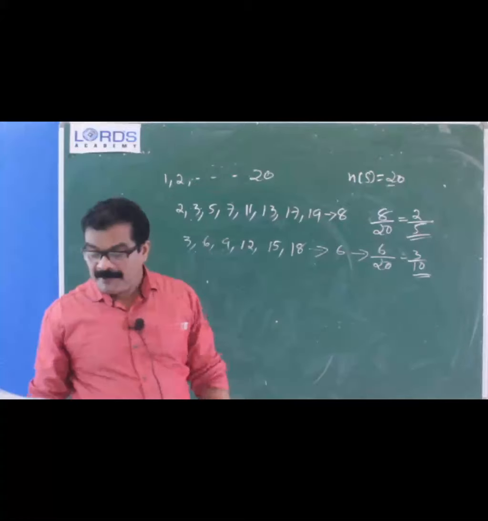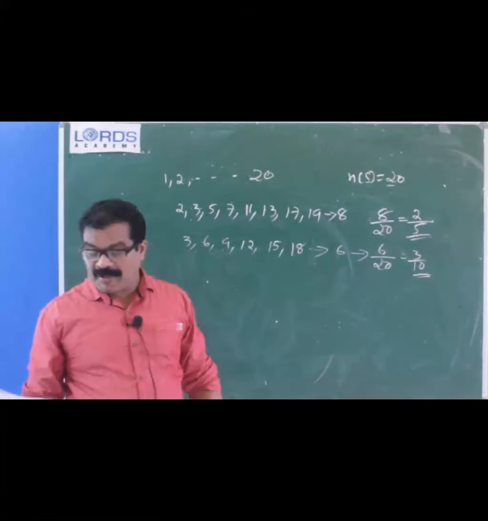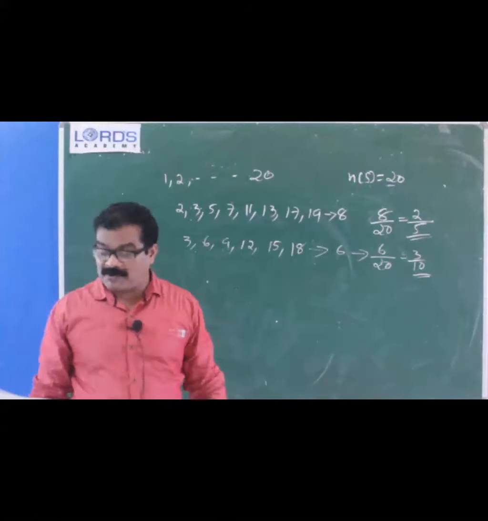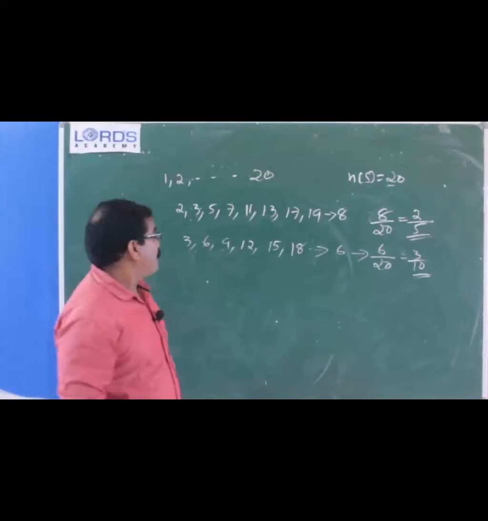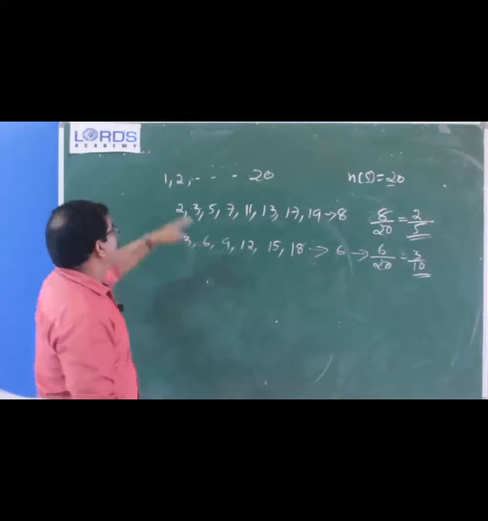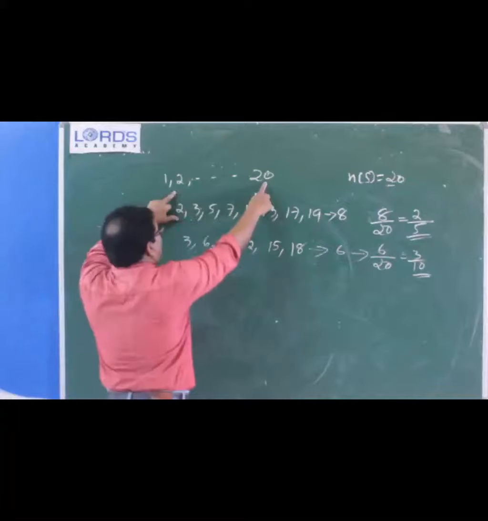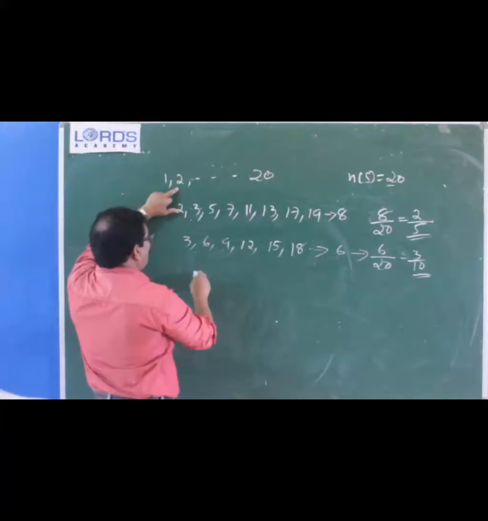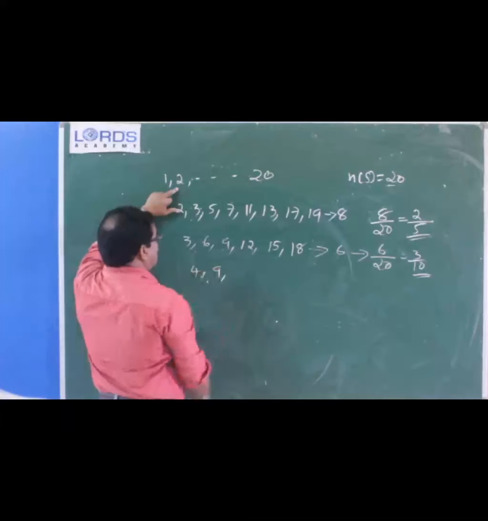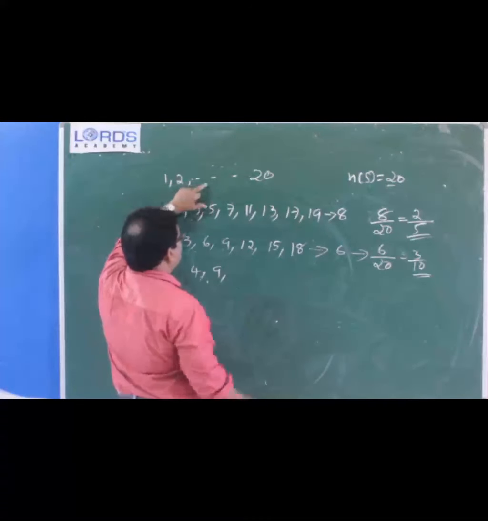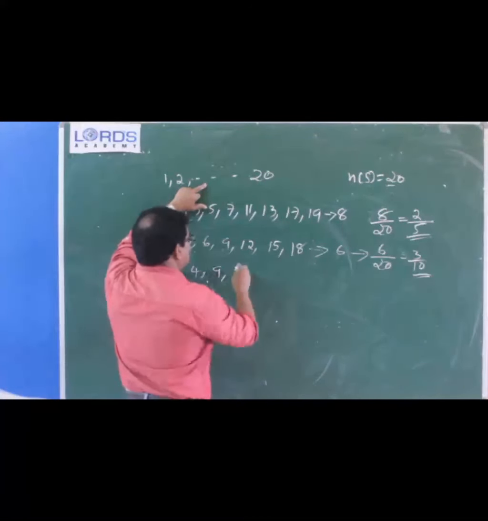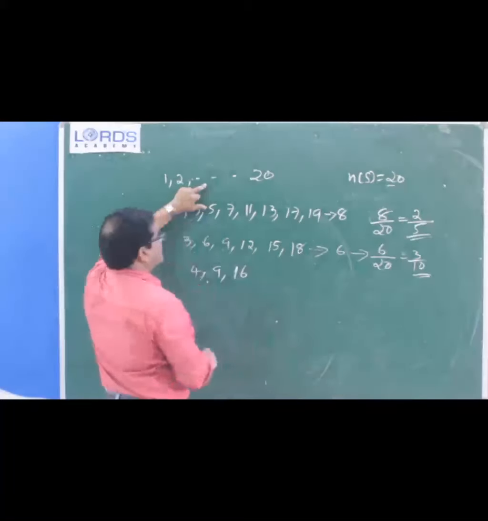Okay. The next, a perfect square. What is the probability of getting a perfect square? You write the perfect squares between these. Which are they? 4, 9, 16.